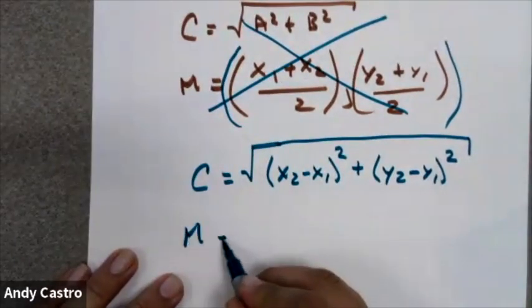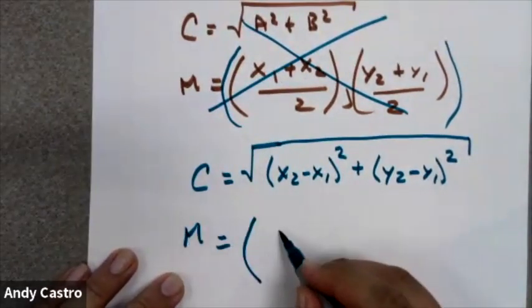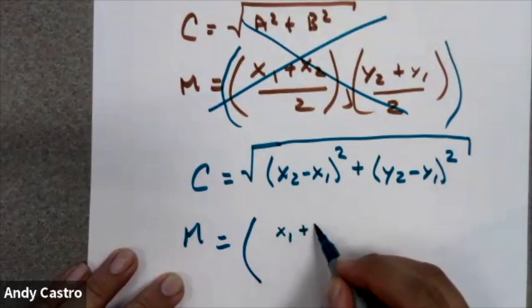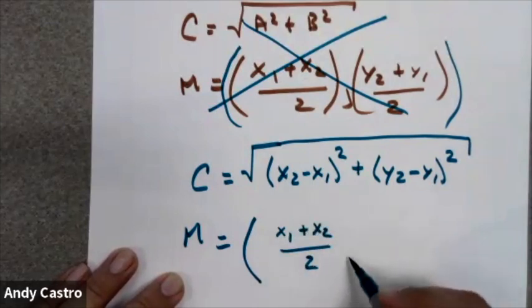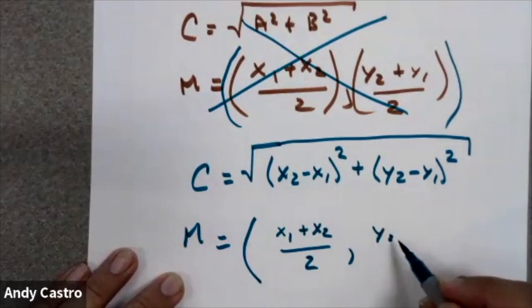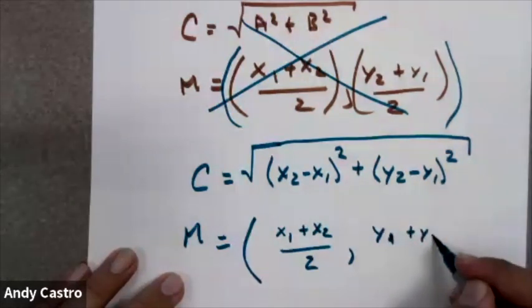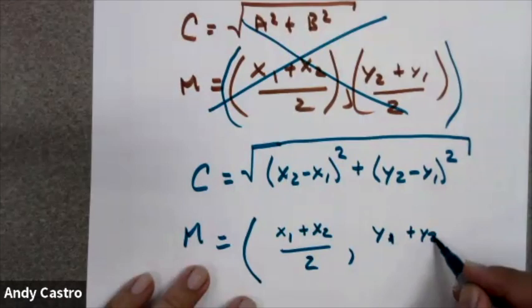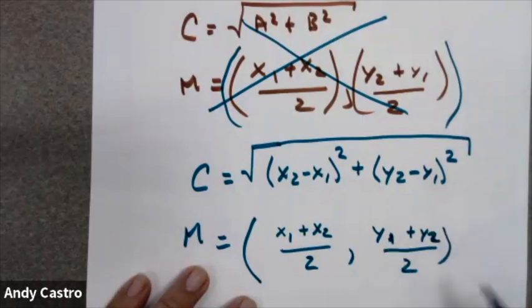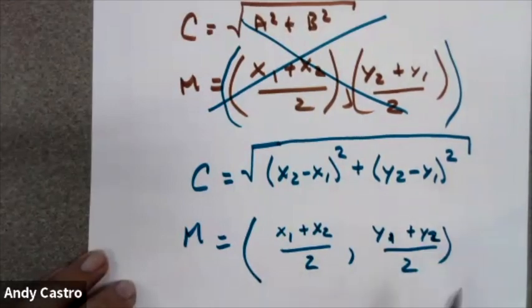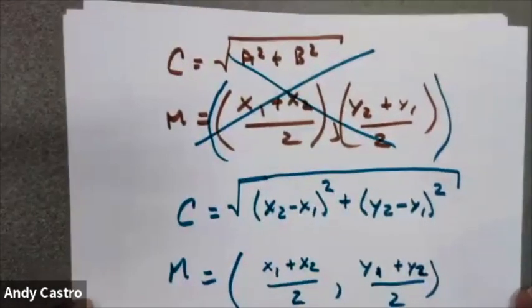And then the midpoint is going to be x1 plus x2 over 2 comma y1 plus y2 over 2 for the x and the y coordinate of the midpoint. Very good.